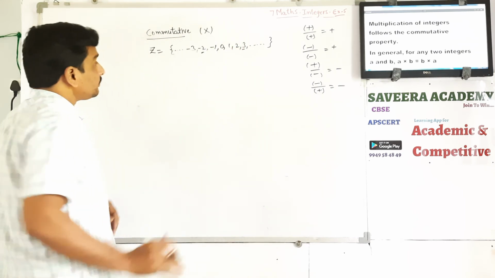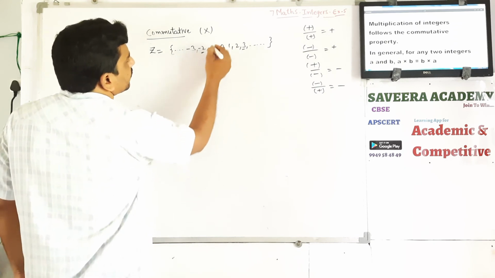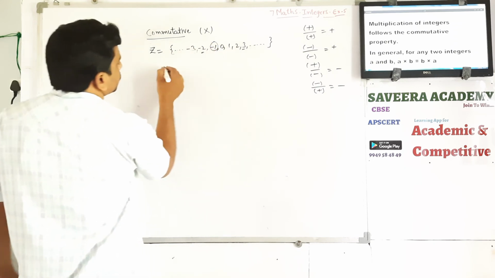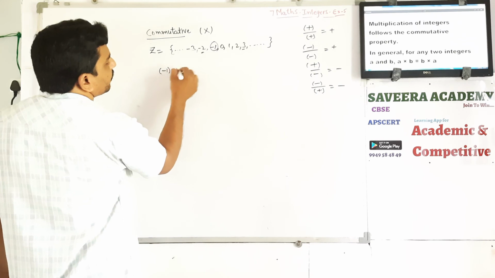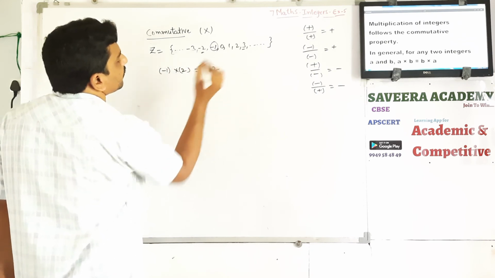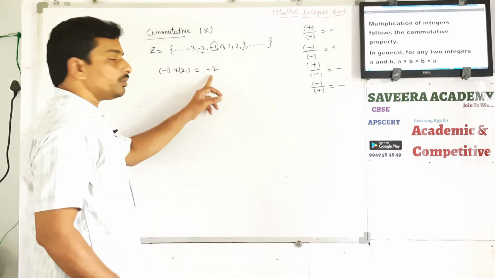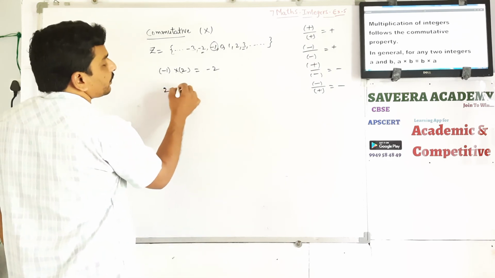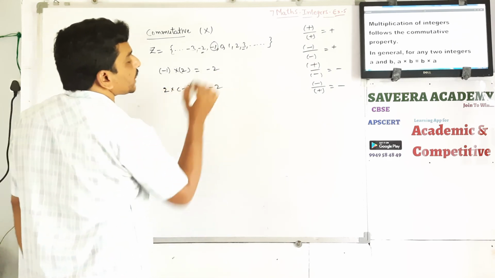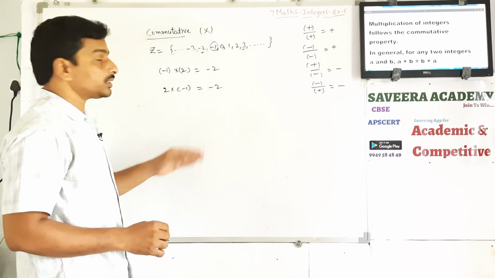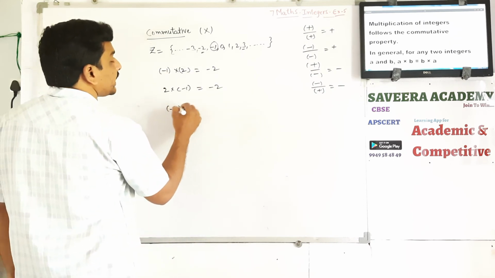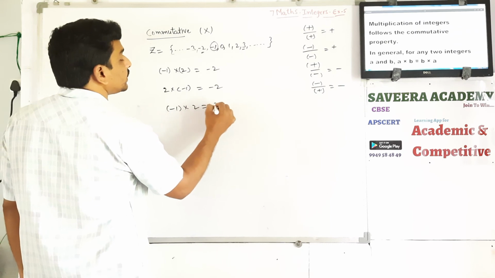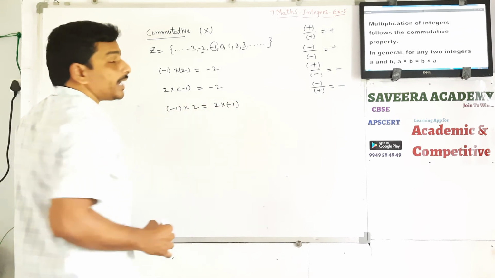Now let us take minus 1 and 2. Suppose minus 1 into 2 is equal to minus 2. 2 ones are 2, minus is there, so minus 2. Now reverse: 2 into minus 1 is minus 2, the same answer. Therefore minus 1 into 2 is equal to 2 into minus 1.